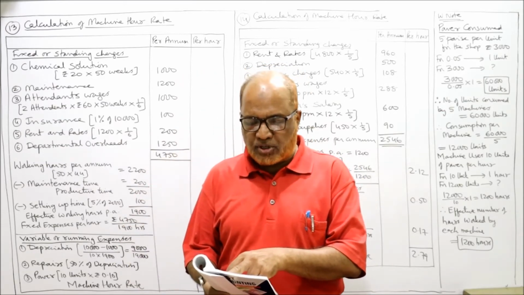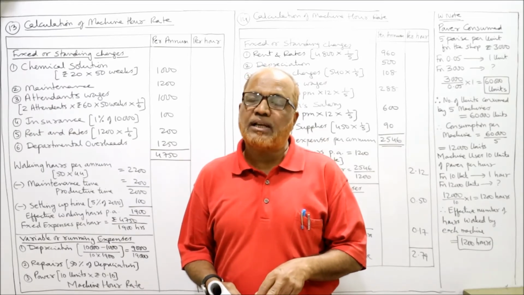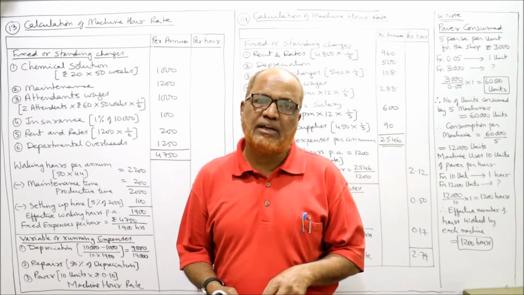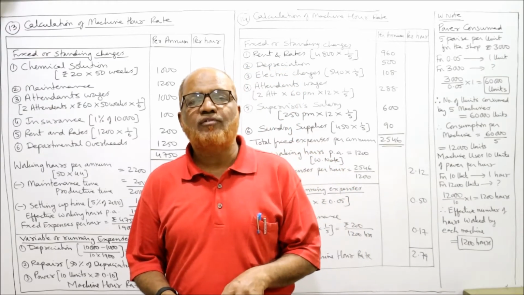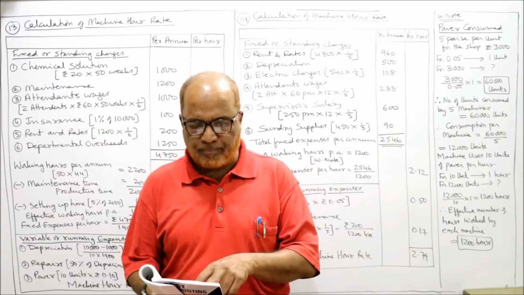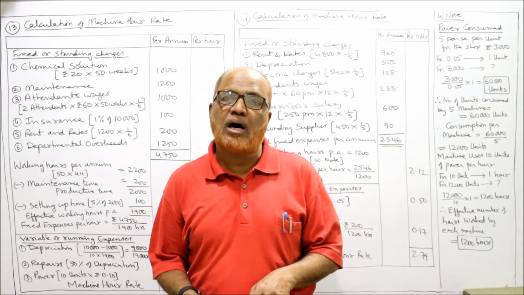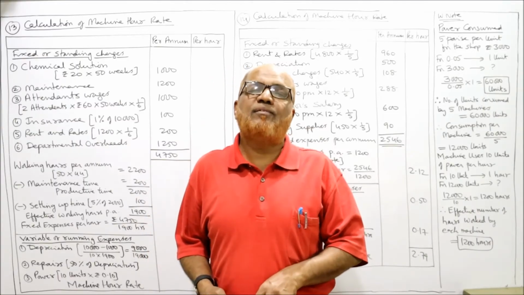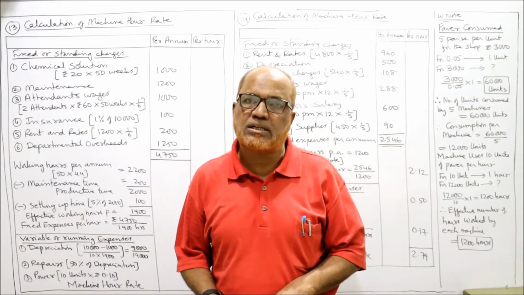Estimated working hours of the machine are 50 weeks of 44 hours per annum. So the total number of weeks we have taken is 50 weeks and each week 44 hours is the working time. If you multiply 50 into 44, we will get the total working time, of which maintenance is expected to take up 200 hours. When you multiply 50 into 44 you will get 2,200.